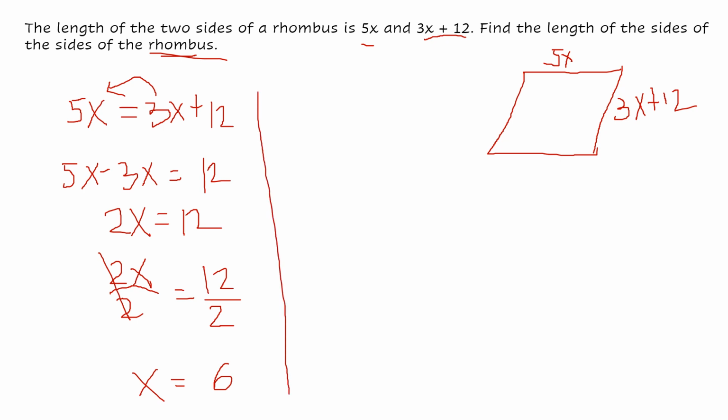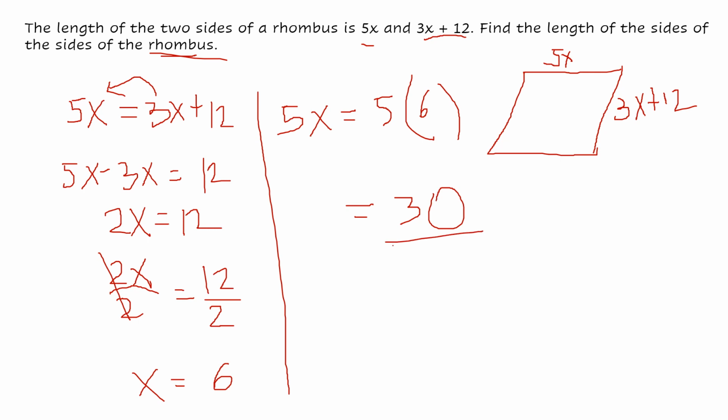From here, let's get one side, which is 5x, to get the length of the rhombus. So 5x is 5 times 6, which is 30. So therefore, the length of one side of a rhombus is 30. That's the answer.